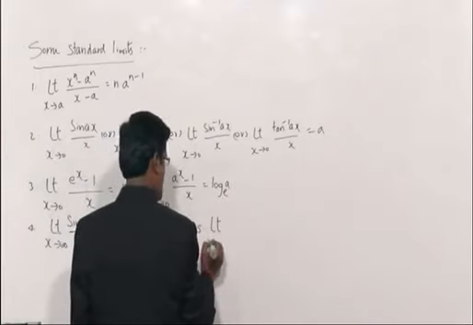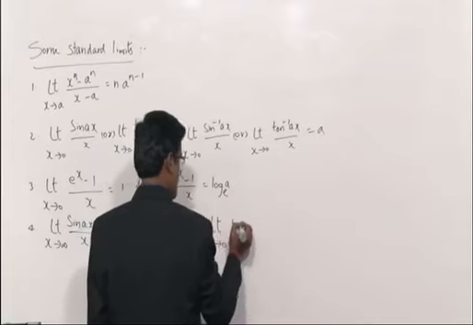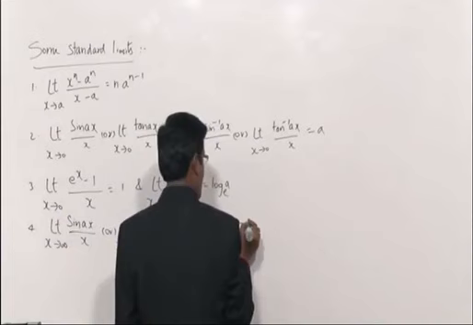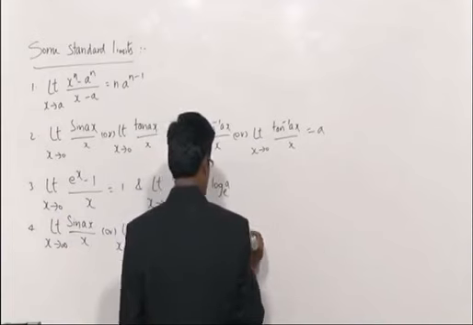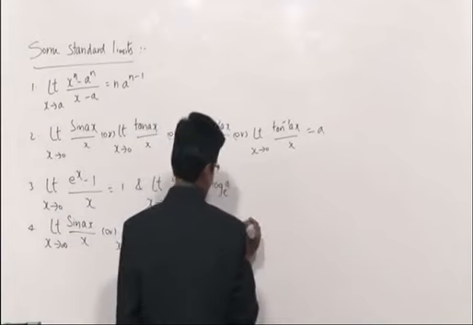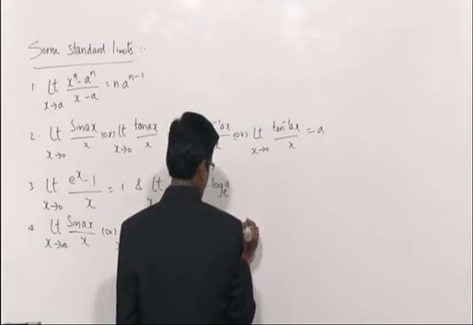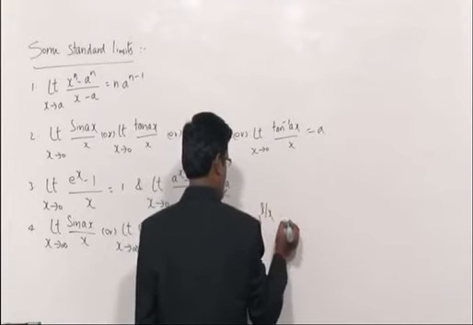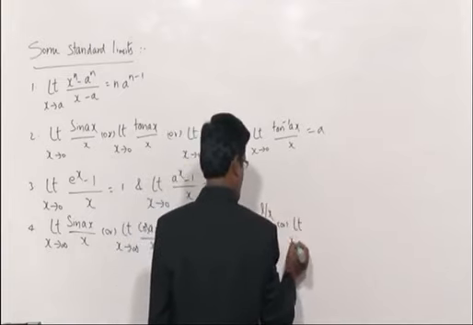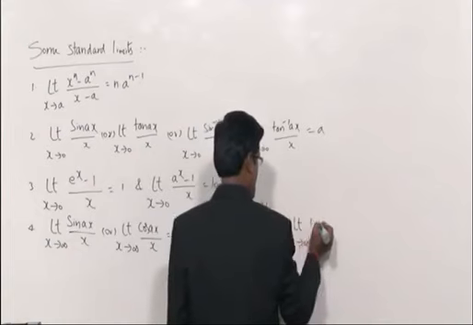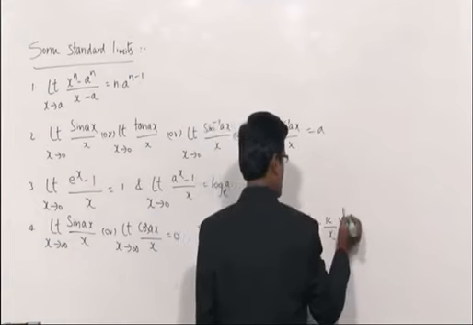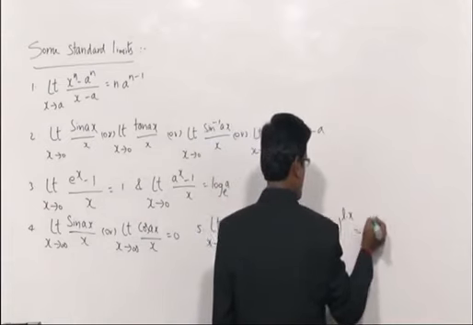Limit x tends to 0 of 1 plus k into x whole to the power L by x, or limit x tends to infinity of 1 plus k by x whole to the power L into x is equal to e power kL.